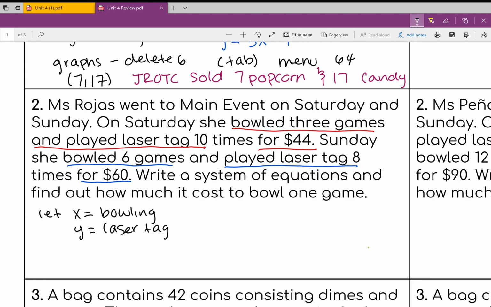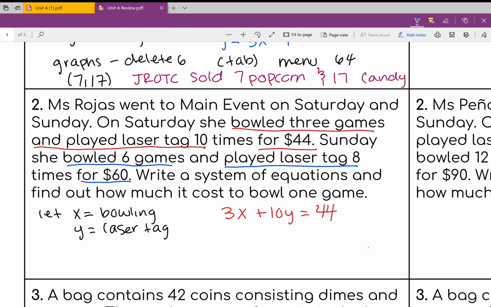So if I was writing the first equation, the one that I underlined in red, it says she bowled 3 games, so 3x, and she played laser tag 10 times, plus 10y is equal to how much she spent, $44.